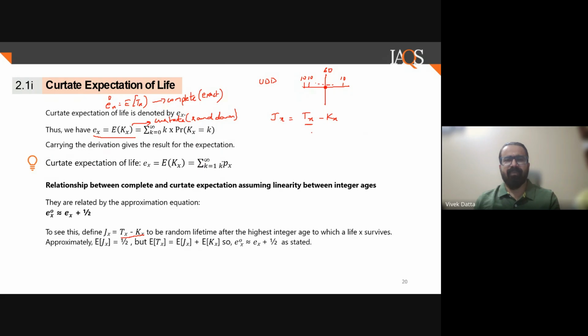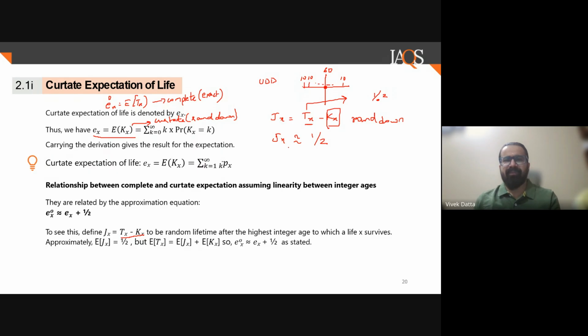So JX is approximately equal to half. Why? Because this is the round down version, and this is, if I assume linearity, anything can happen, so assuming half in the middle of the year.